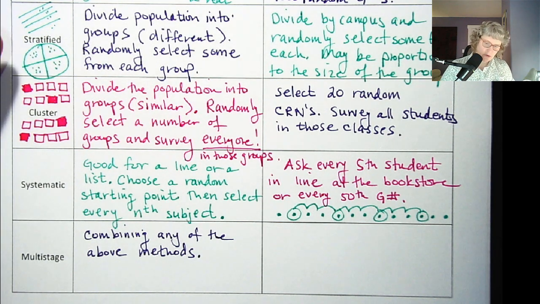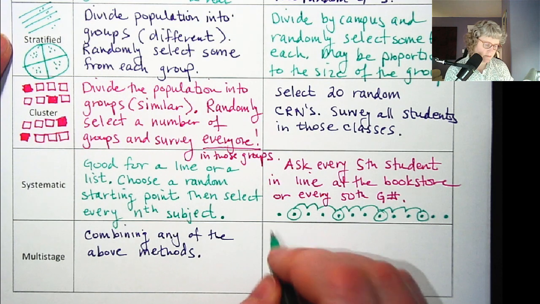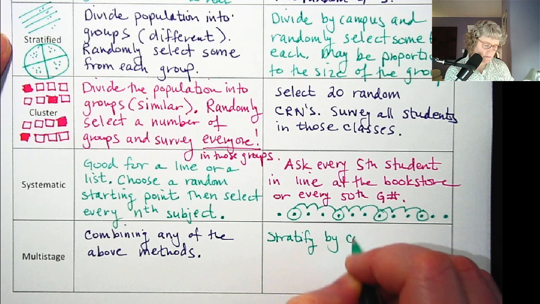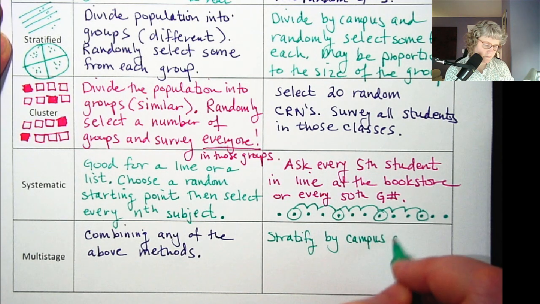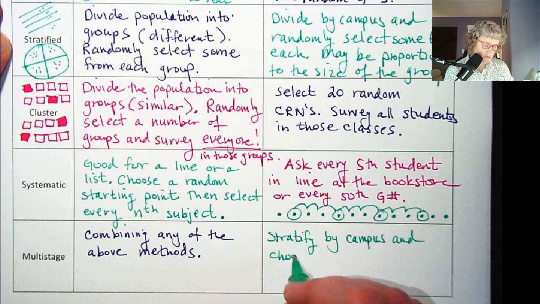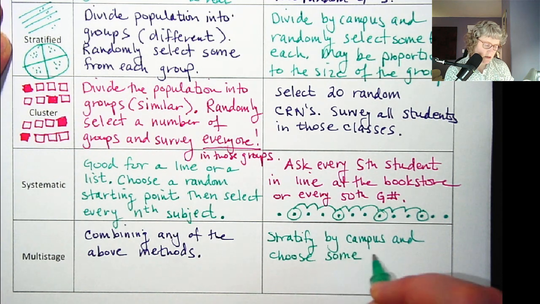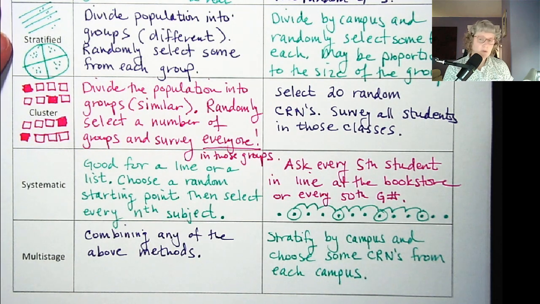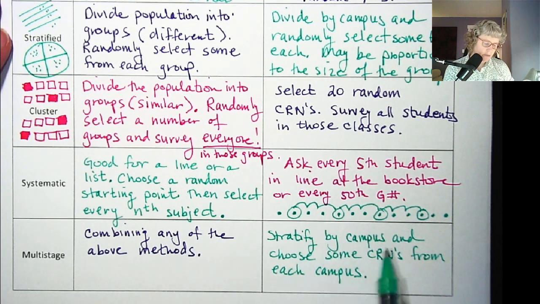So I'm going to write first stratify by campus, and choose some CRNs from each campus. Again, probably proportional to the size of the campus, and also maybe we include some online CRNs in the proportions. That could be a fifth group, fifth strata.